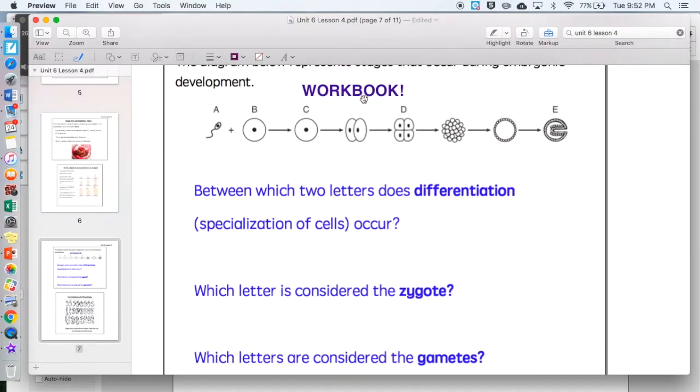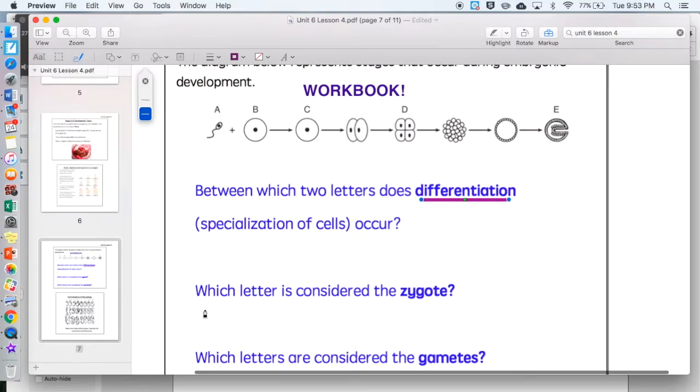So the question for you, which you're going to answer in your workbook: between which 2 letters does differentiation, we saw that word before, the specialization of cells, occur? Is it between A and B? Is it between B and C? Is it between C and D? Or is it between D and E? Scroll back up if you're lost or stuck.